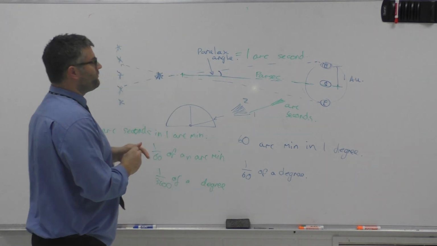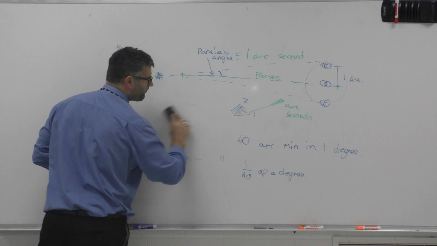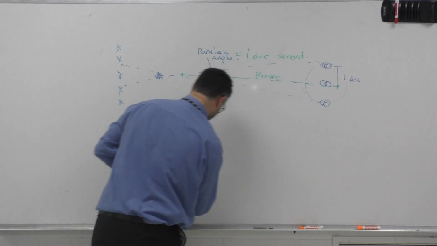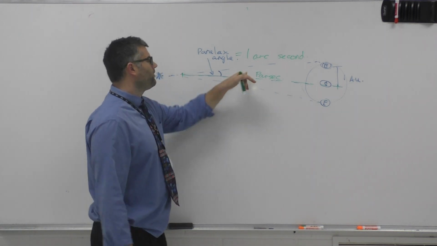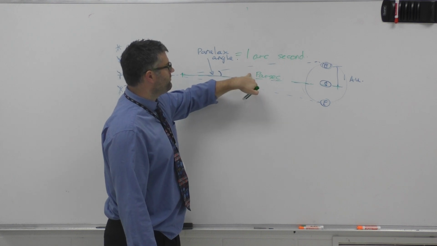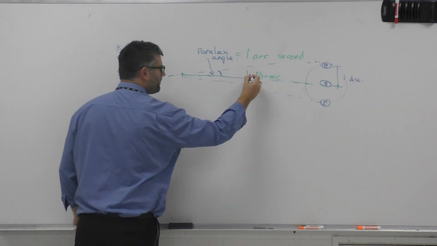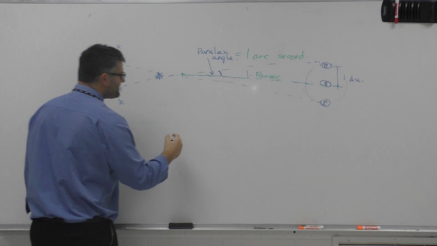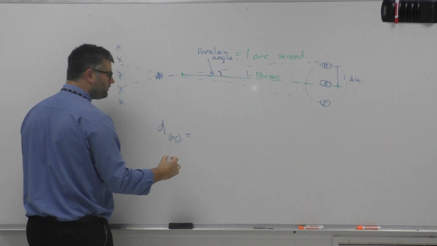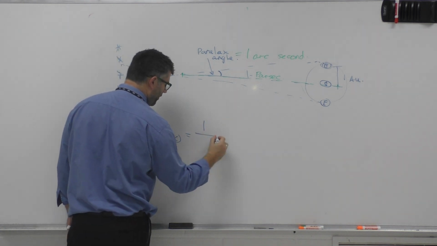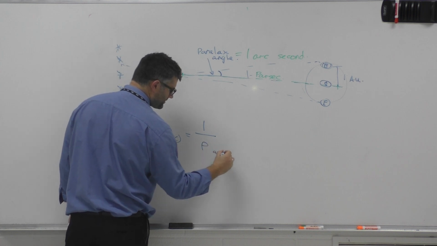So is there an equation for this one to help you out? Well, yes, there is. So you'll notice that 1 arc second gives you a distance of 1 parsec. So we can say that the distance in parsecs is equal to 1 over the parallax angle in arc seconds.